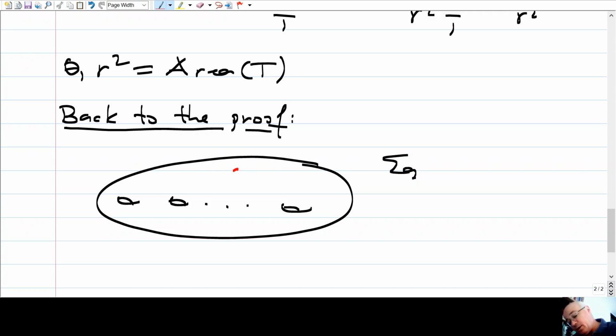Let me say we have a triangulation like this. Let's say this is T_k. Suppose these are just some geodesics. So let's say this is vertex v_i, this is vertex v_j, and this is triangle T_k. Okay.